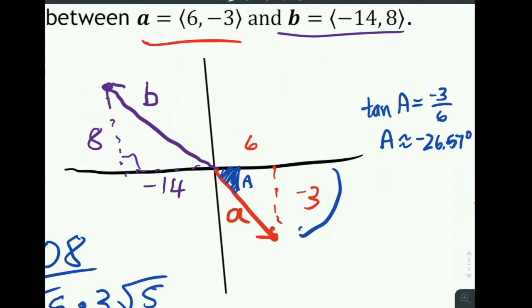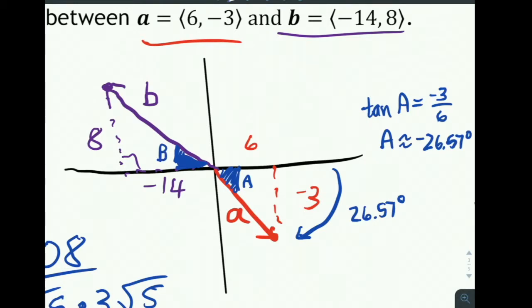So for this angle right here, if we're thinking about distance between these, you don't really have to worry about direction of rotation, so I'm just going to make that positive. Over here, let's call this angle B in this other triangle.